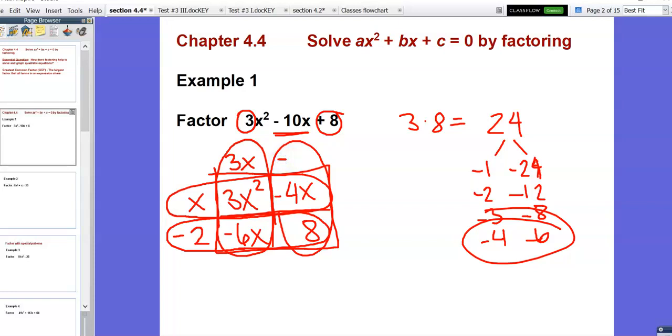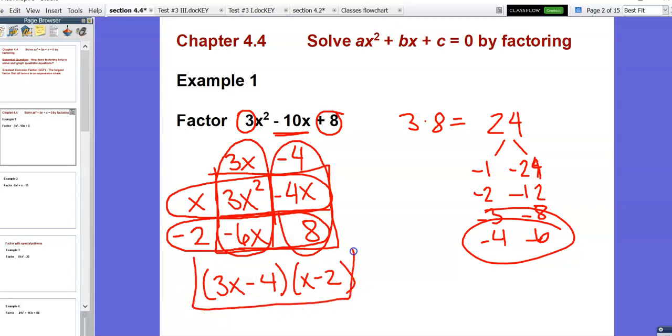And then between 4x and 8, the greatest common factor that they share is 4. So for now, we're just factoring. We would write our solution as 3x minus 4 times x minus 2. And there's our answer. We'll get more into the solving piece as we go on.